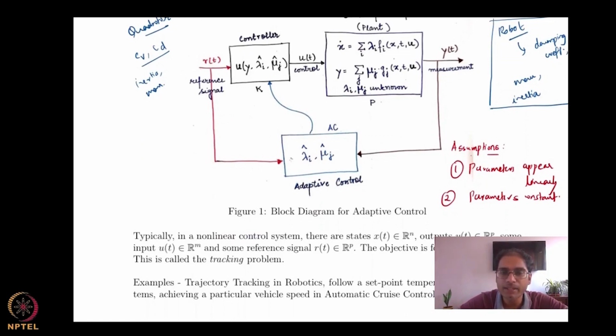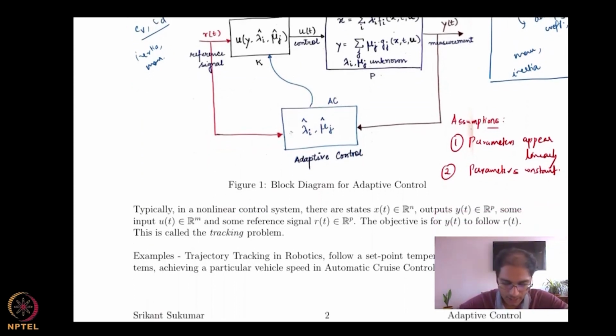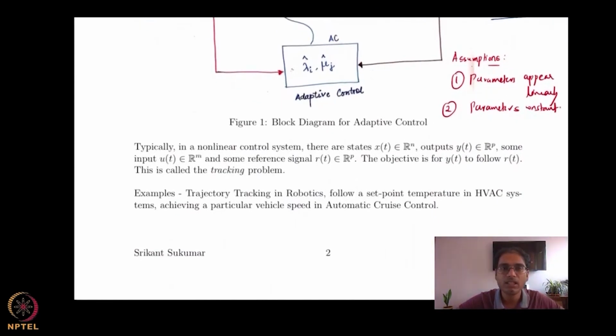These are like some kind of time varying gains, and they tend to call this adaptive control. But this is not true. This is not adaptive control. Adaptive control is primarily for the case when you have unknown parameters in the plant, or uncertainties in the plant. That is what we summarize here.